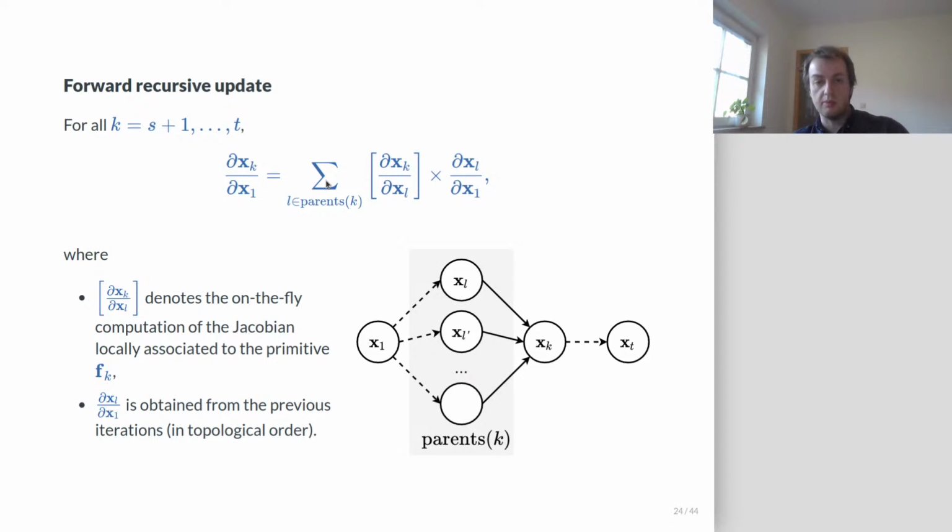There is the sum which appears for the parents, but otherwise it's the same term. Here in this expression, I denote with this bracket notation the on-the-fly computation of the Jacobian which is locally associated to that node, or rather to the function fk, with respect to its l-th argument taking the value xl.